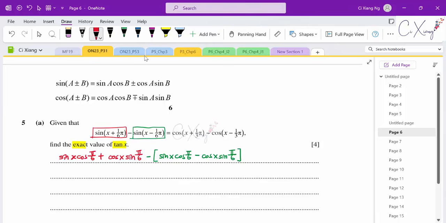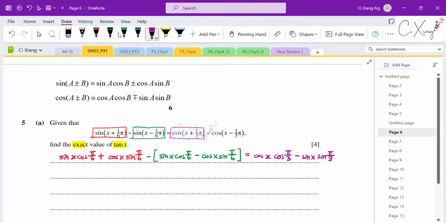So that's the second term. Then equals to the first term on the right hand side, cos x plus pi over 3. So I'm looking at cos A plus B. If you expand them, basically you have cos A cos B, then minus sine A sine B. So minus sine A sine B.